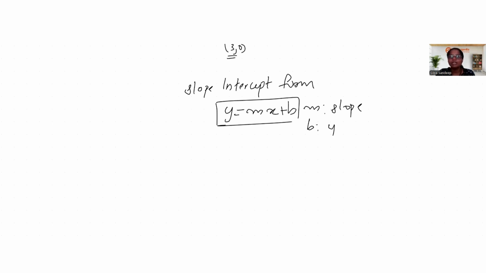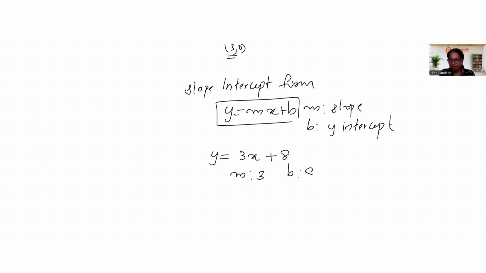For example, suppose the equation of a line is y is equal to 3x plus 8. Then you can say here m is 3 and the y-intercept b is 8.